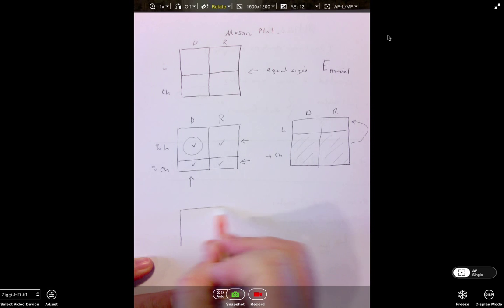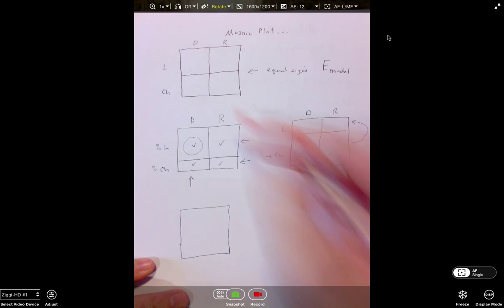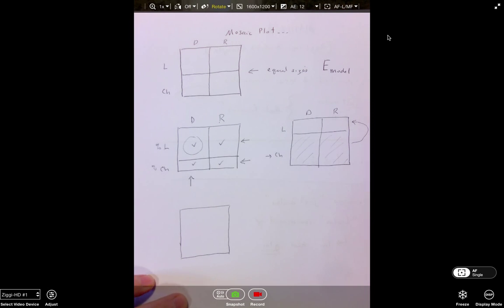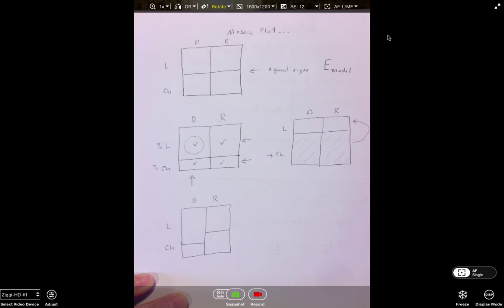Typically on mosaic plots, it doesn't turn out anything like any of these one, two, or three. What we typically get is something that looks like this. We'll get something that divides it down, maybe something like this.